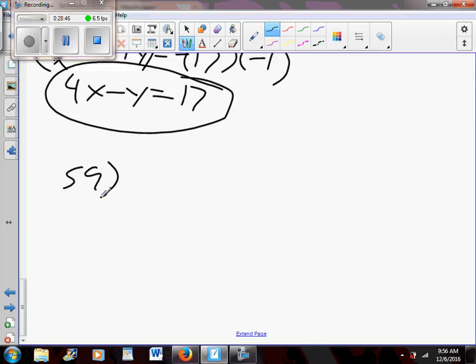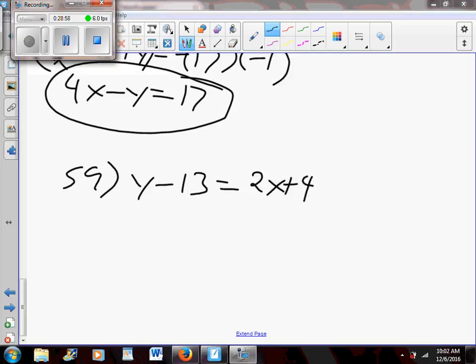59 says to do this. 59, y minus 13 equals 2x plus 4. On this last one here, for the most part, y'all really nailed this, which was good, right? Pay attention.